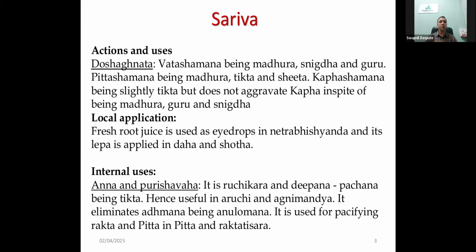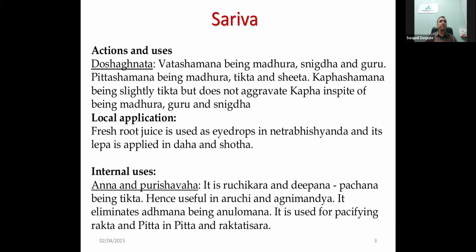So the slightest contamination can lead to complications of the eye. So when it comes to application in the eye, you have to be very careful.